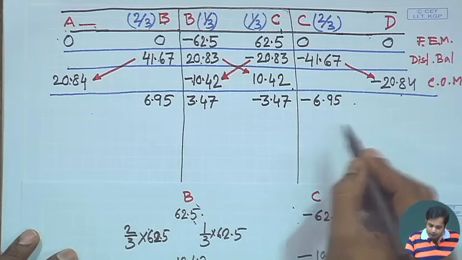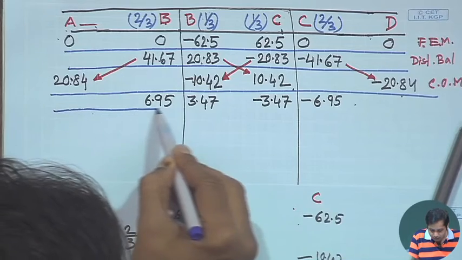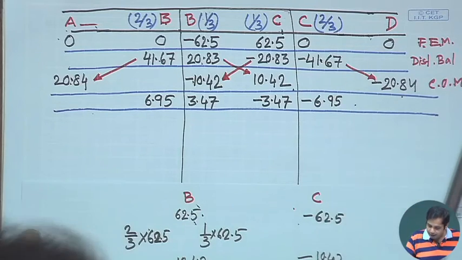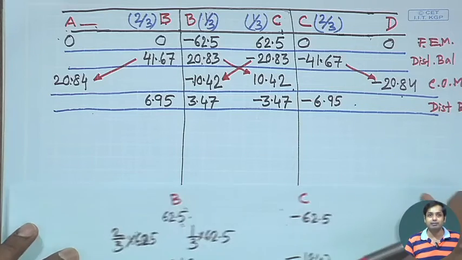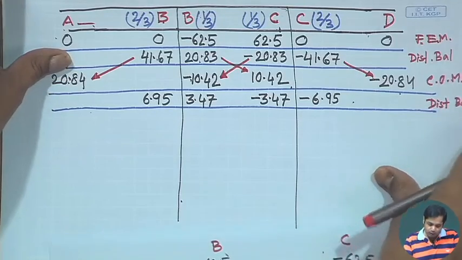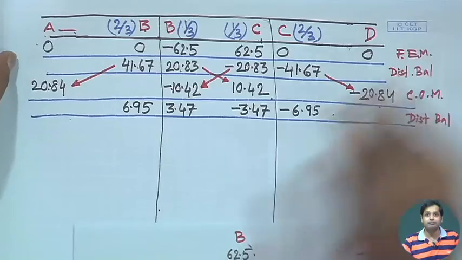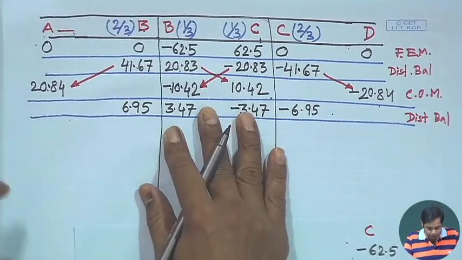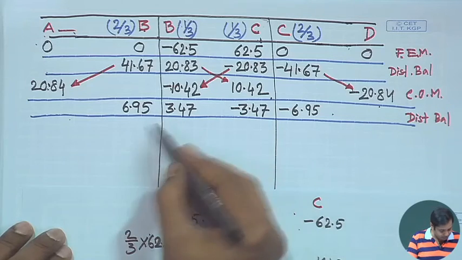Okay. Now these values are the distributed balancing moment. Once we know the distributed balancing moment, that moment will carry over.